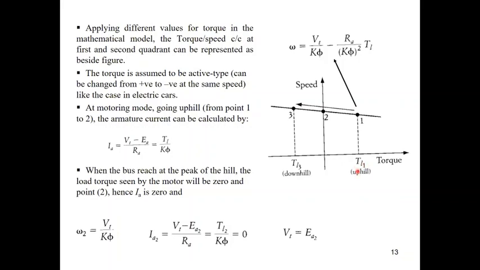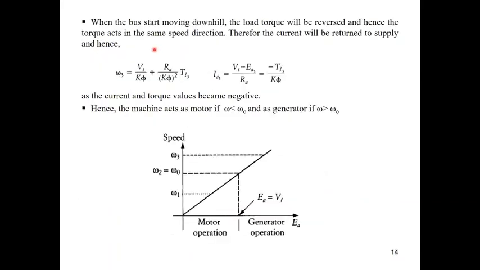So at point number 3, what will be the relations? As you can see, for point number 3, the torque is reversed. So if we apply the torque with a negative sign, you will find this sign converted to positive.